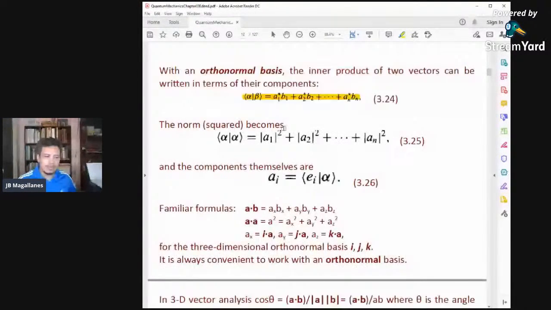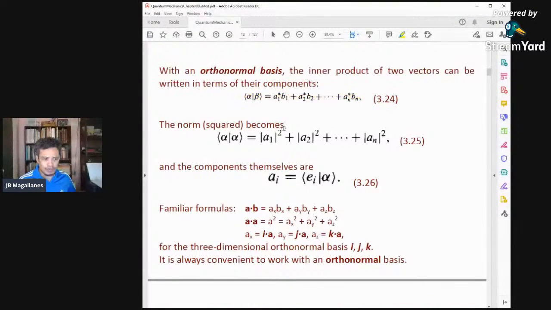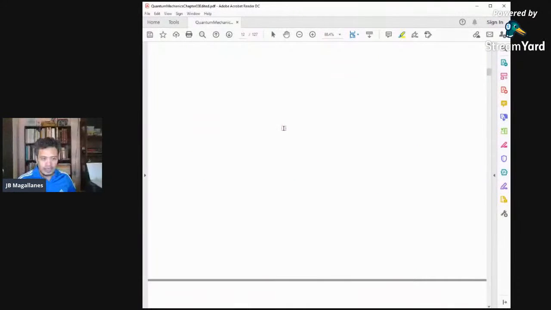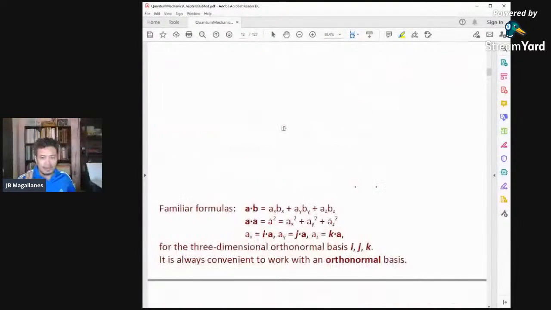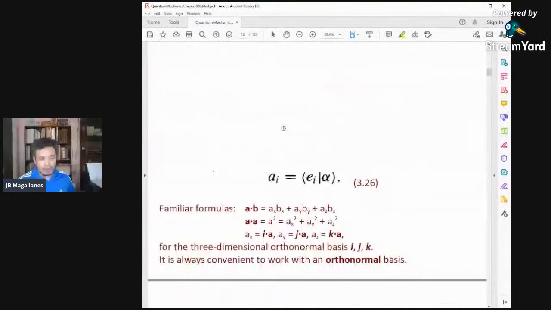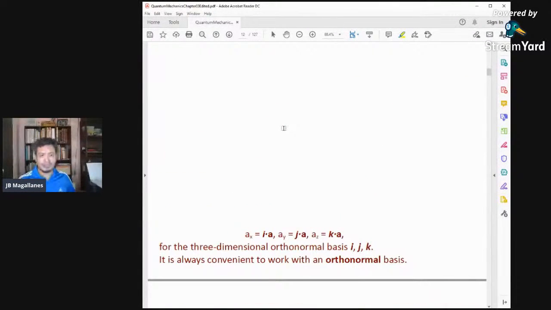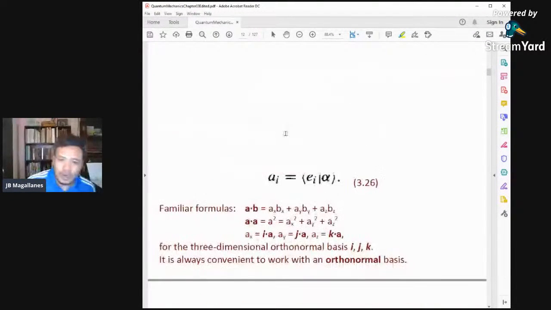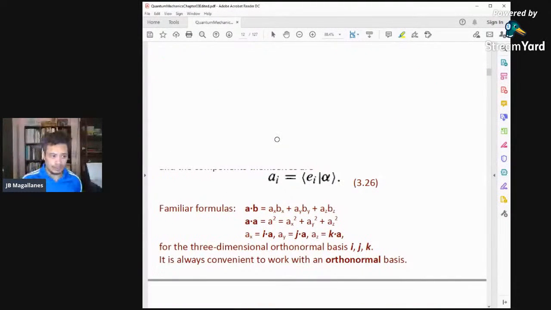You just multiply the conjugate of the first component of the first vector times the first component of the second, plus the conjugate of the second component of the first times the second component of the second, and then the conjugate of the third component of the first times the third component of the second, and then you add them all. That's the inner product of the two vectors.